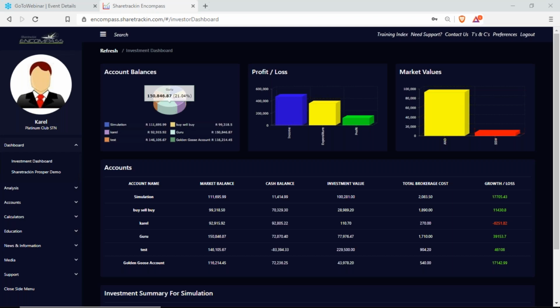So first of all, we click on analysis. Then we click on stocks.